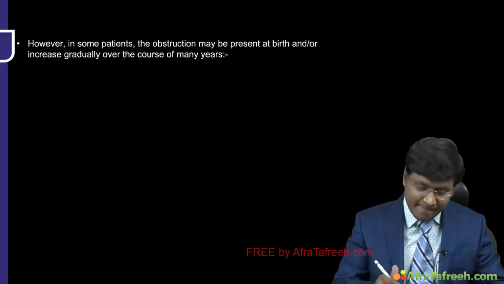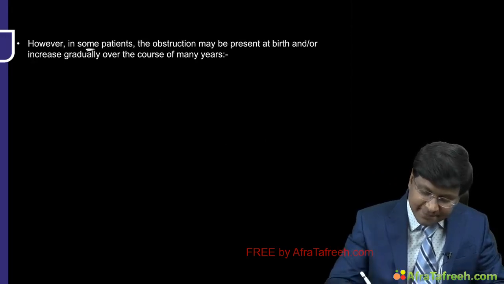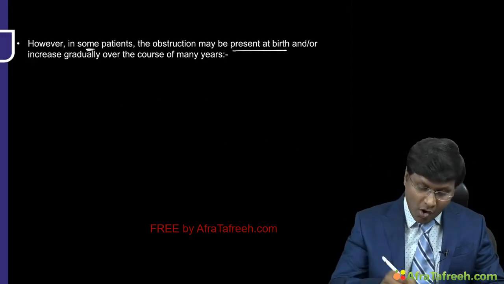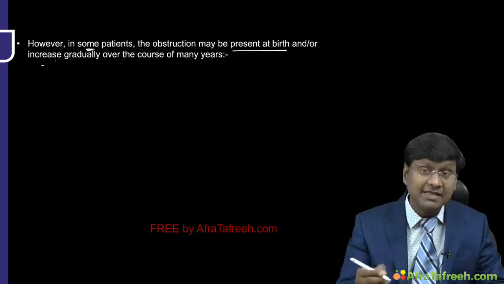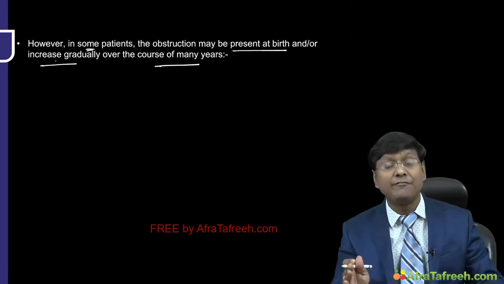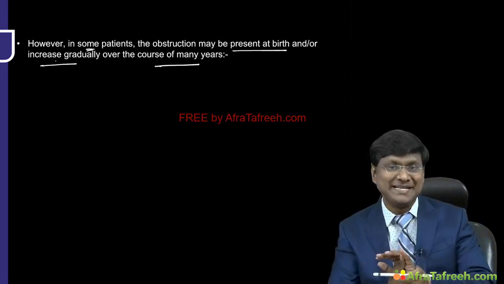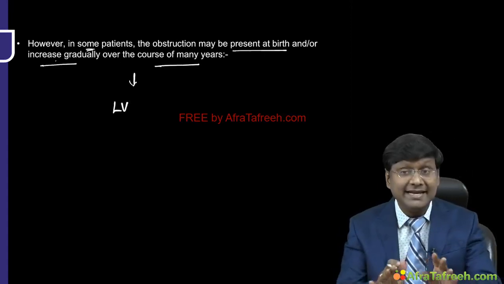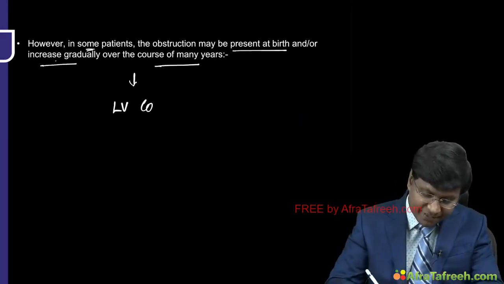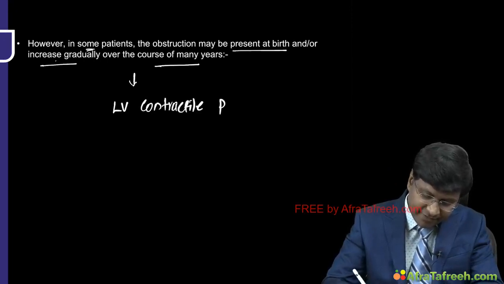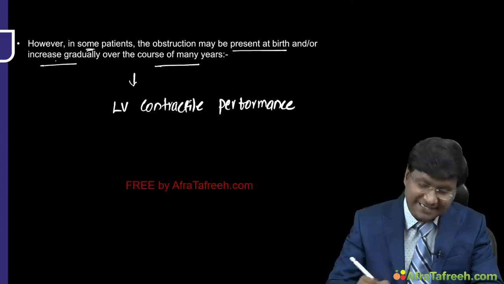But however, in some patients, the obstruction may be present at birth itself, or the obstruction increases gradually over the course of many years. Then in this case, what happens is the left ventricular contractile performance, right? How is it maintained?